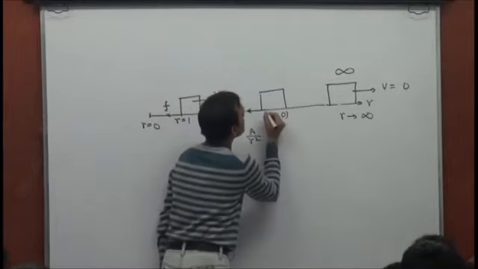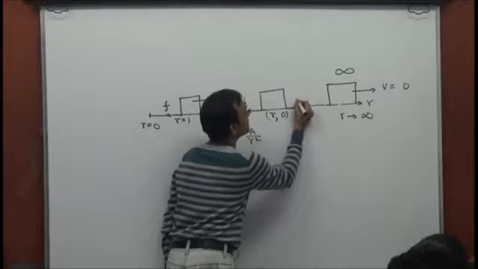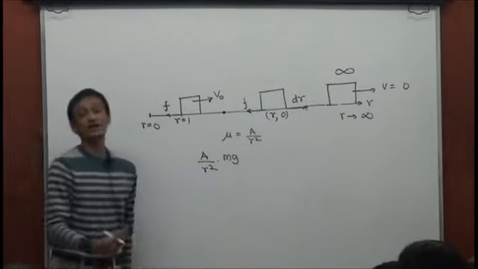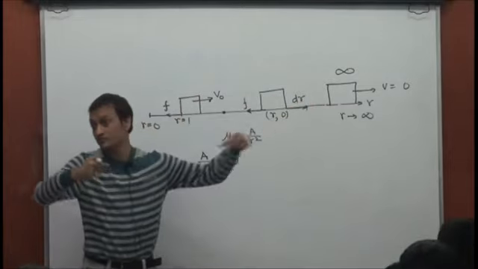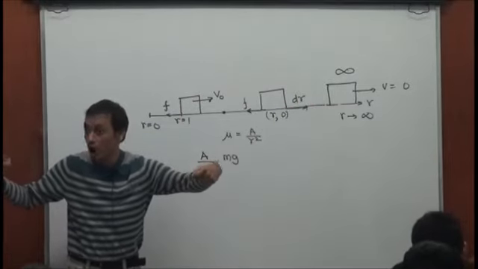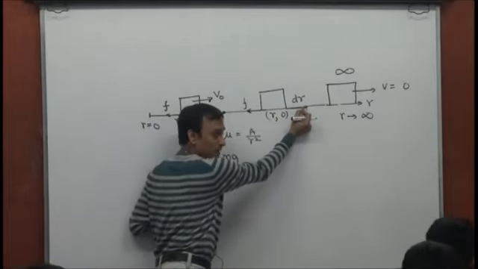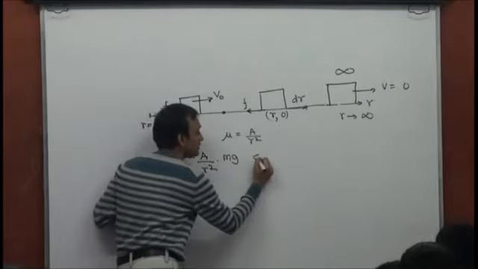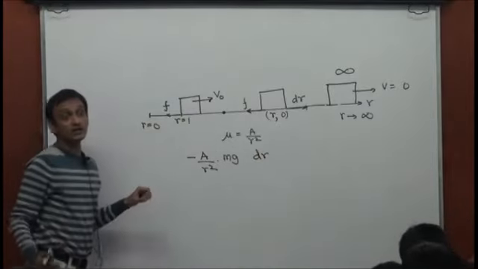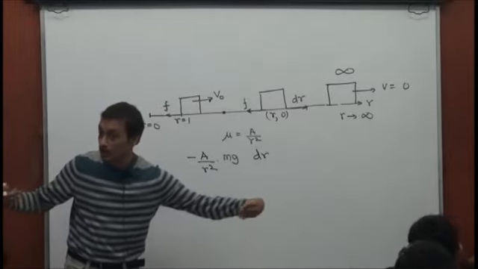Now, for a small displacement dr to the right, what's the work done by the friction force? Minus F into dr, right? Because frictional force and displacement are oppositely directed. So the work done by friction over a small displacement dr to the right would be minus F into dr.